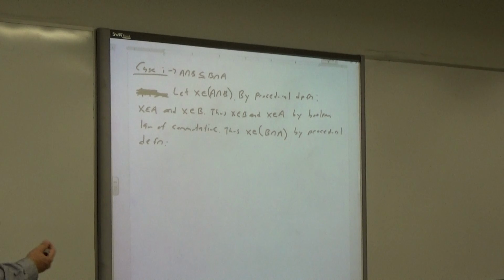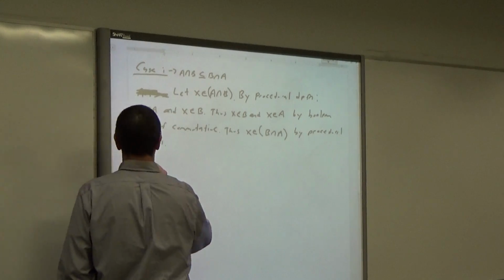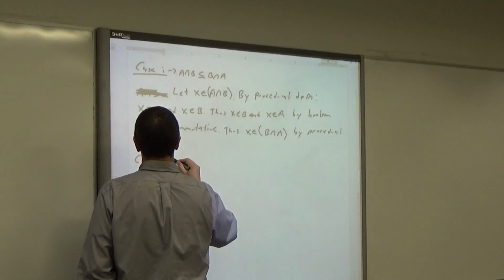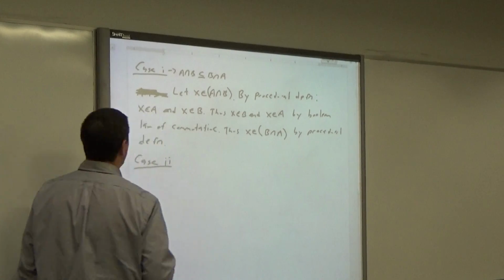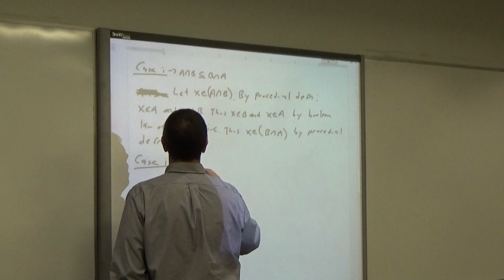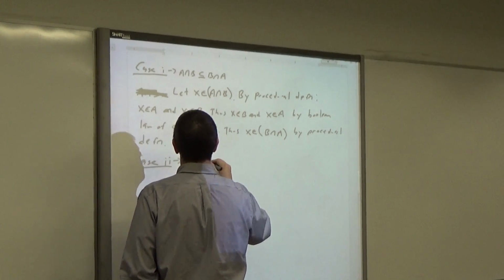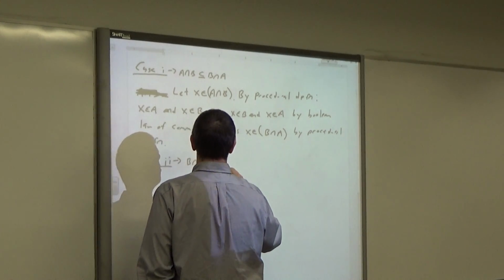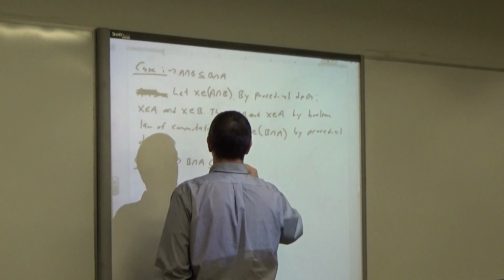Okay, so we need a case two. So for case two, are we trying to show that B intersect A is a subset of A intersect B?